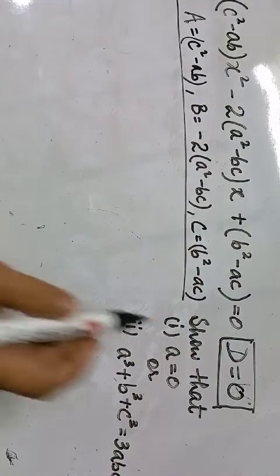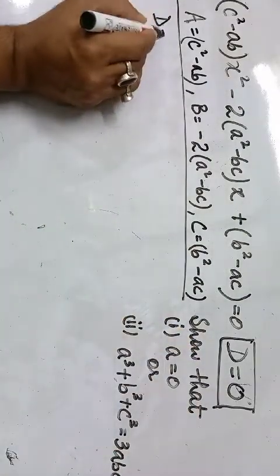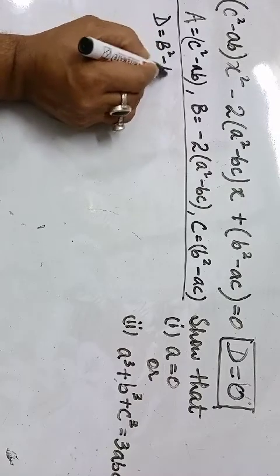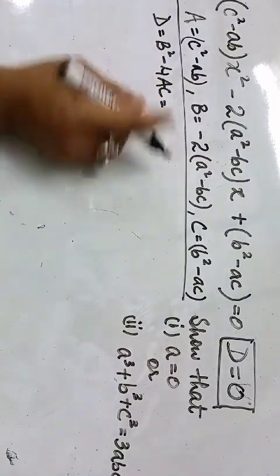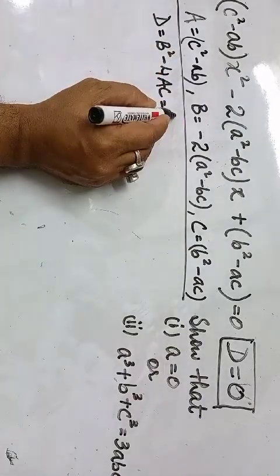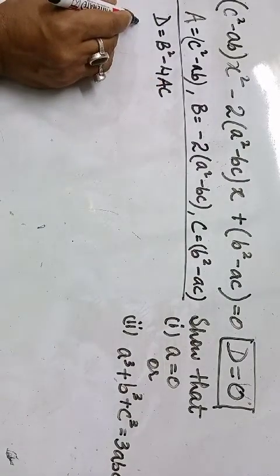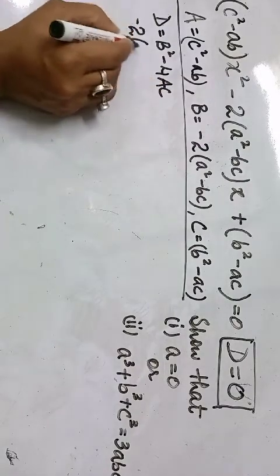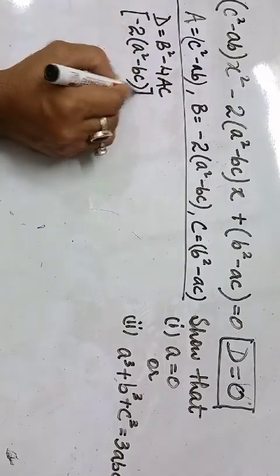Okay, so my discriminant has to be 0. Now what is discriminant? We all know discriminant is nothing but b square minus 4ac. So I'm going to simply put the values. So b square I have to take, so let me write this over here. So I will have minus 2 times (a square minus bc) whole square.